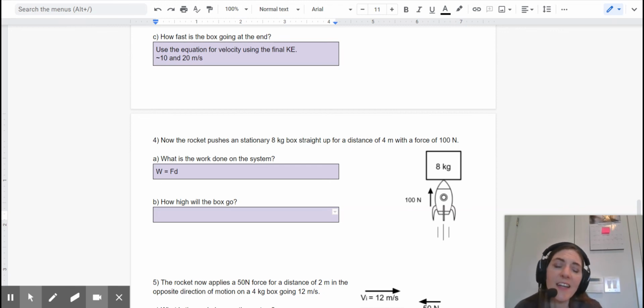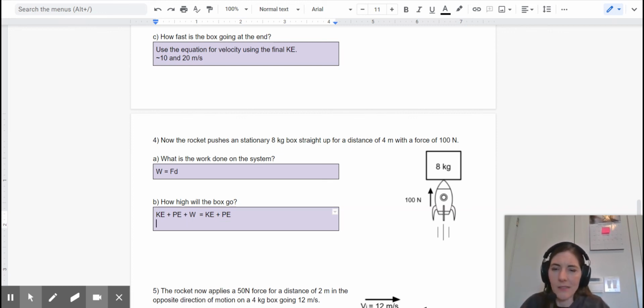Well, here's the thing. This system had no kinetic or potential energy to start because this was a stationary box. So if we think of it in terms of KE plus PE plus work equals KE plus PE final, I'm kind of leaving off the subscripts.